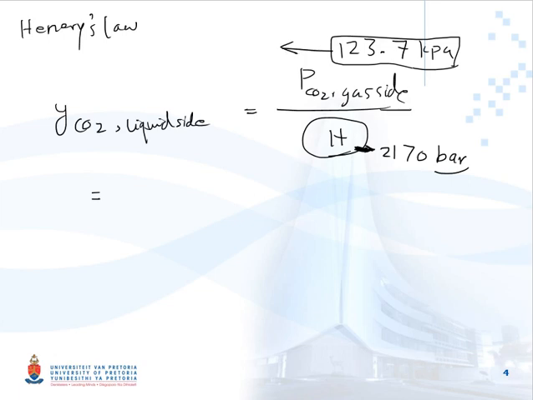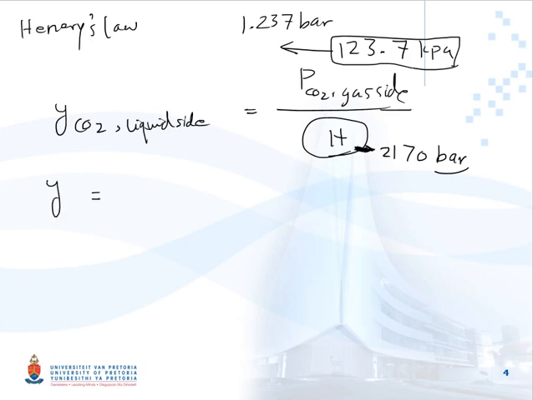Okay, so we can say that 123.7 kilopascal is more or less equal to 1.237 bar.